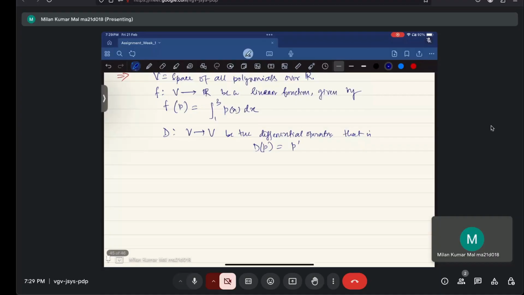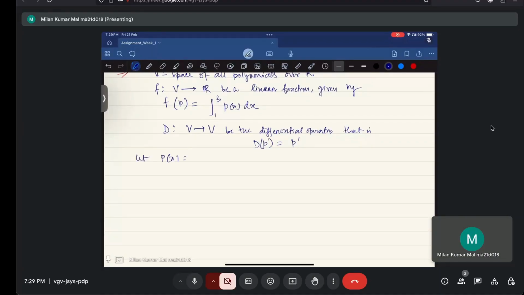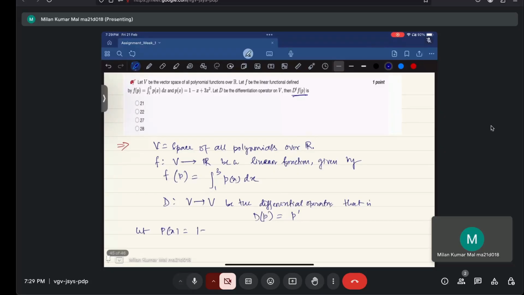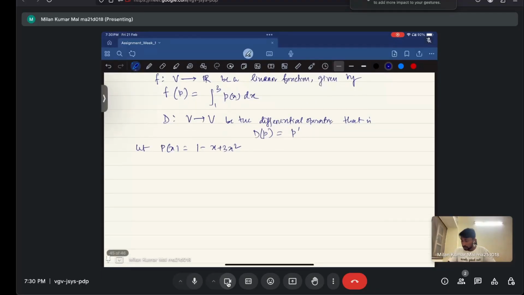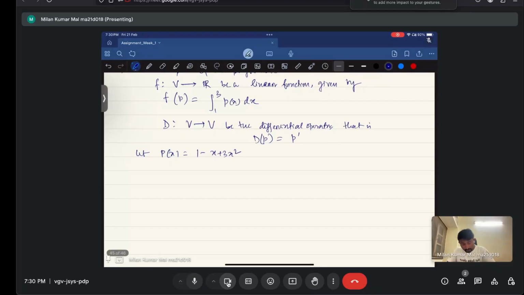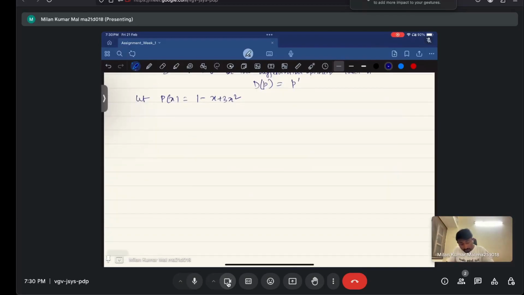Now let p(x) equal to 1 minus x plus 3x square be a fixed polynomial, then what is D transpose f at the point p?